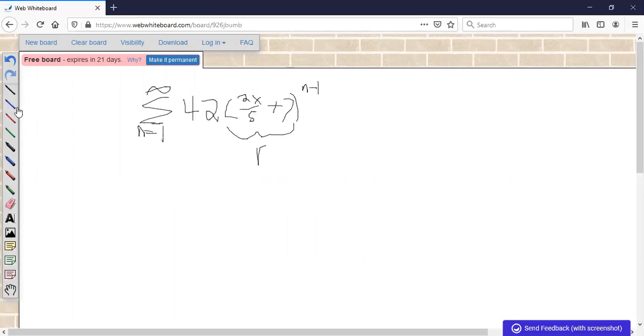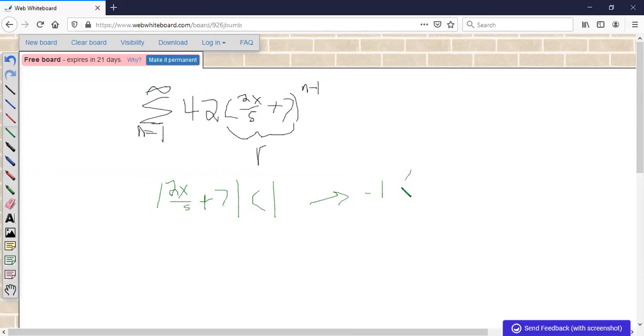So all I need to do here is treat this like it's r. So what I need is the absolute value of 2x over 5 plus 7 to be less than 1.